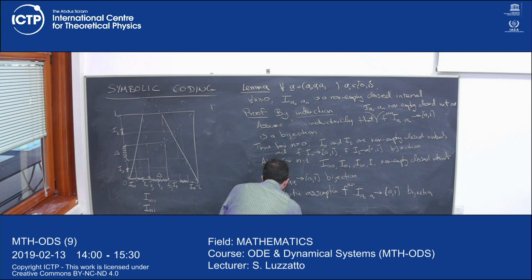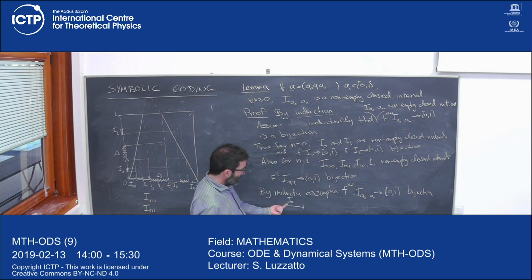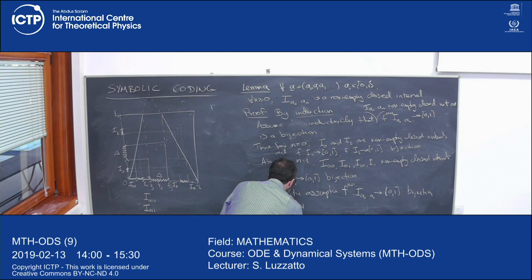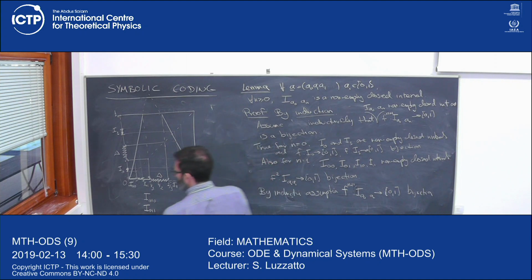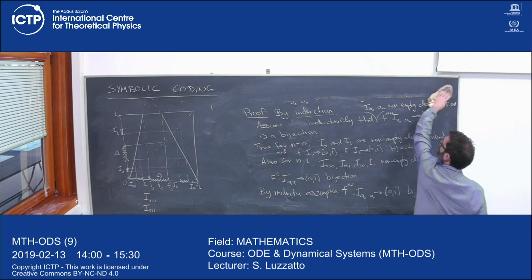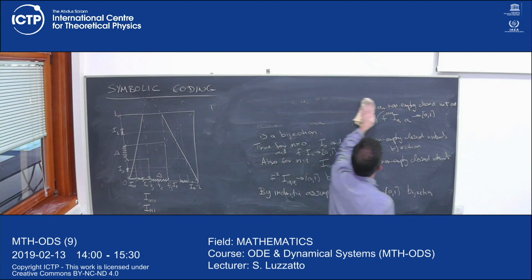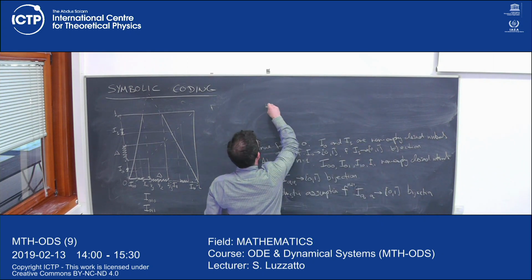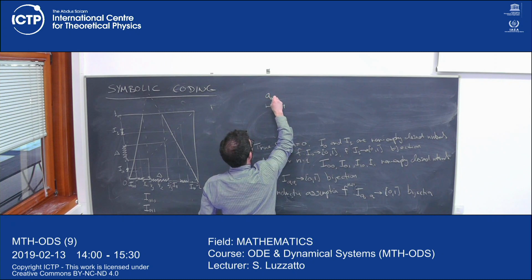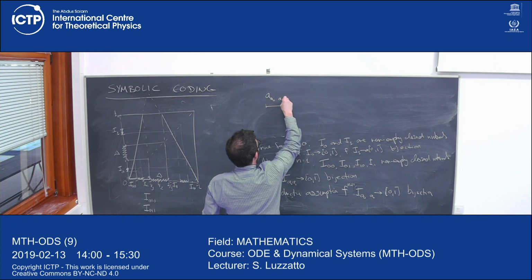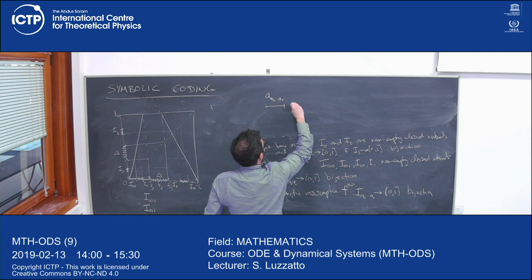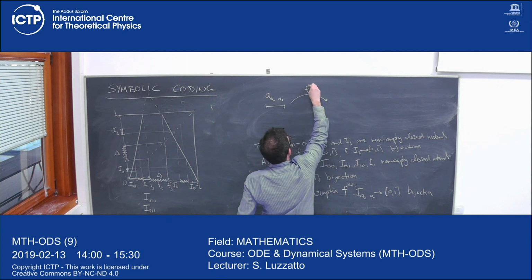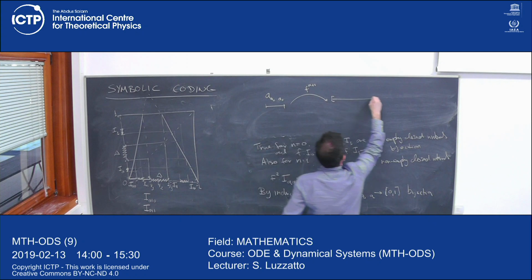So that means that we have our interval here, I A0. By the inductive assumption, this is a non-empty closed interval. Let me draw a better picture up here. So here we have our little interval A0 to AN. And then we have F n plus 1. And then we have 0, 1.